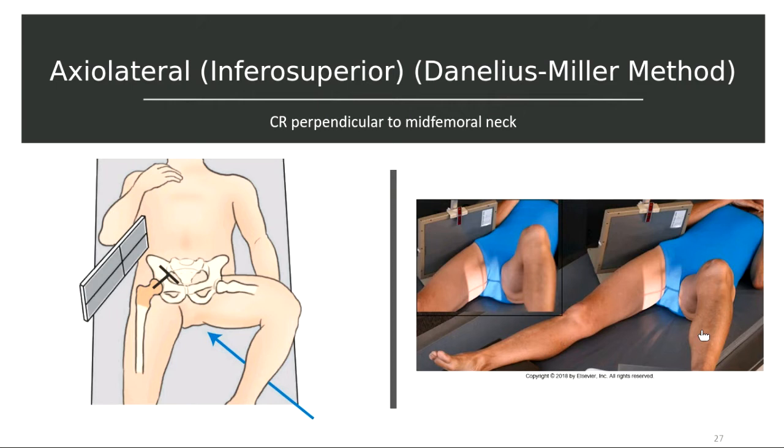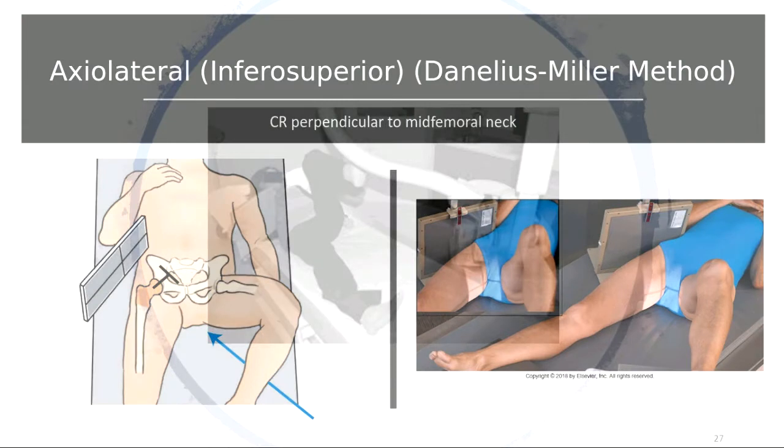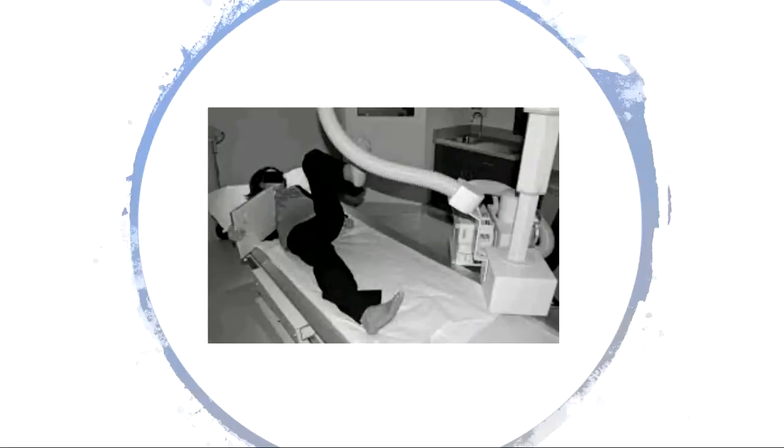So this is called your Danelius-Miller, or your cross-table lateral of the proximal femur. Just another image for what it ends up looking like. Again, notice they have the patient's foot on the tubing, not ideal. You also don't want to have the patient rest their foot on the collimator box or on any of the equipment.